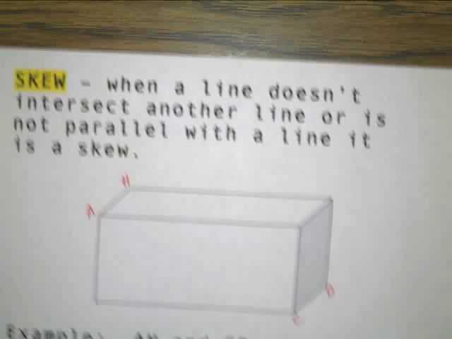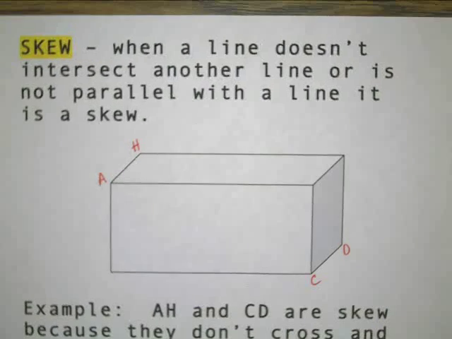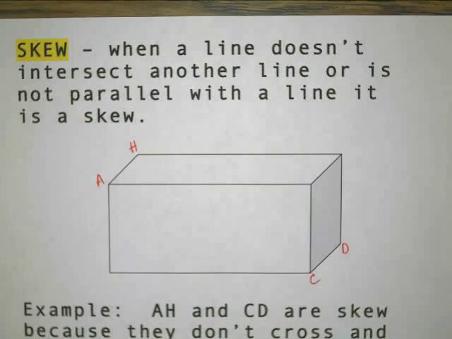Okay, so then we have the word skew. A skew is when a line doesn't intersect and is not parallel. So we can have two lines that we call skew when they don't pass through each other and they're not parallel to each other.